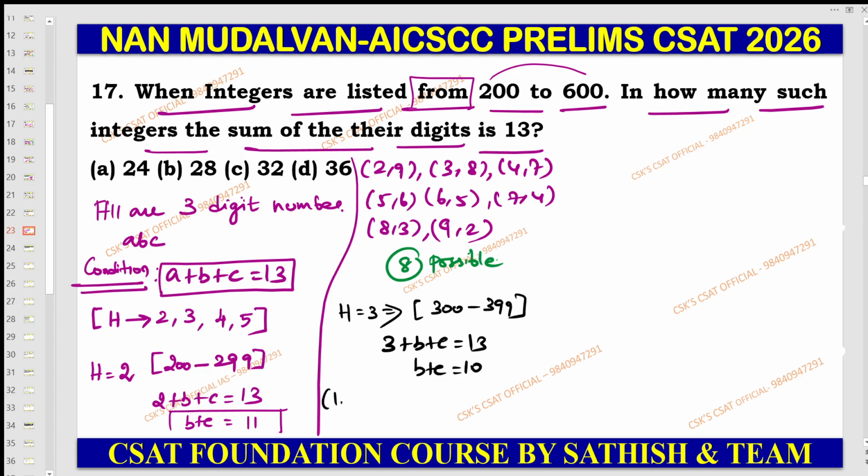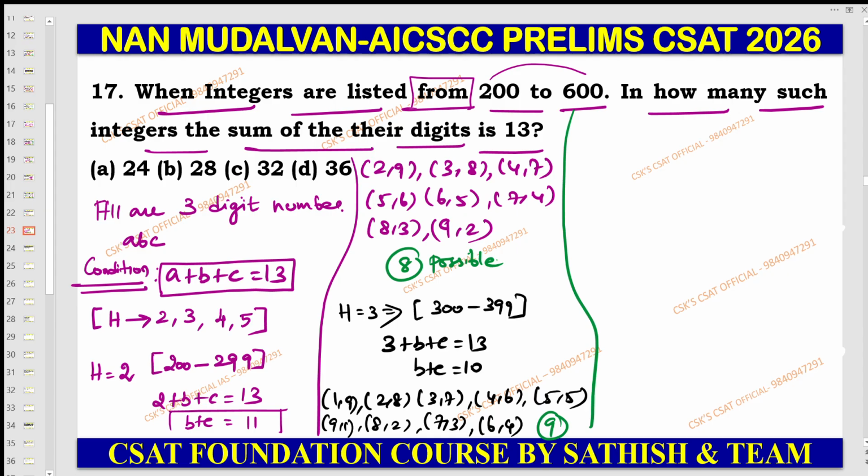What all are possible? 1 comma 9, 2 comma 8, 3 comma 7, 4 comma 6, 5 comma 5 possible, because nowhere is it mentioned as distinct. So 5 comma 5 also possible, 9 comma 1, 8 comma 2, 7 comma 3, 6 comma 4 also possible. How many possibles here? 9 such possibles.